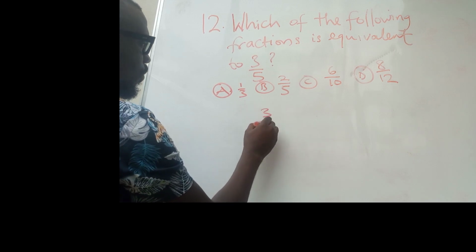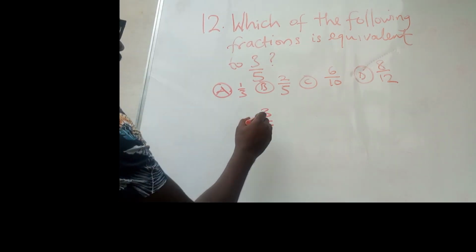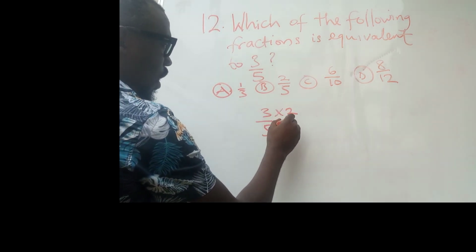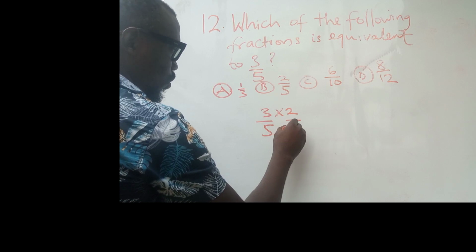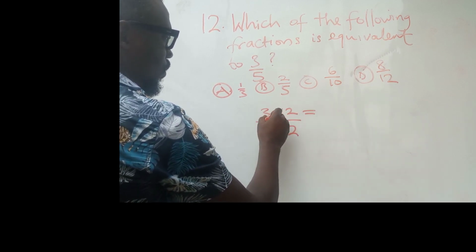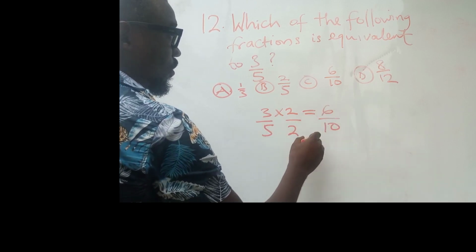We are looking for an equivalent fraction. If you multiply the numerator by 2 and the denominator by 2, you will get 3 times 2, 6, 5 times 2, 10.